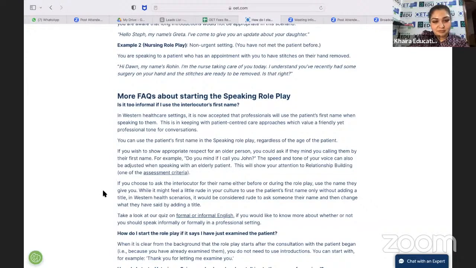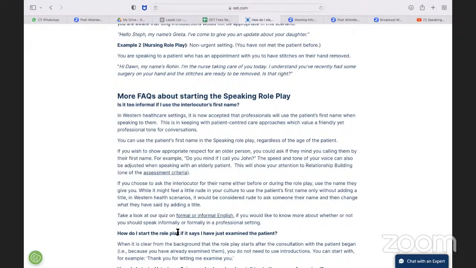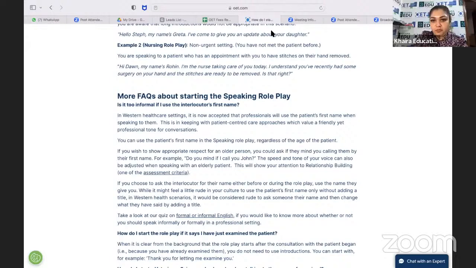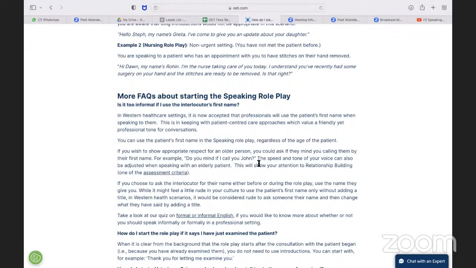And what about the speed of speaking? Should you be speaking quicker than usual? Ma'am, speed should be normal. It should be slower than usual when you're speaking to an older patient. Yes, ma'am, you speak slower than usual.